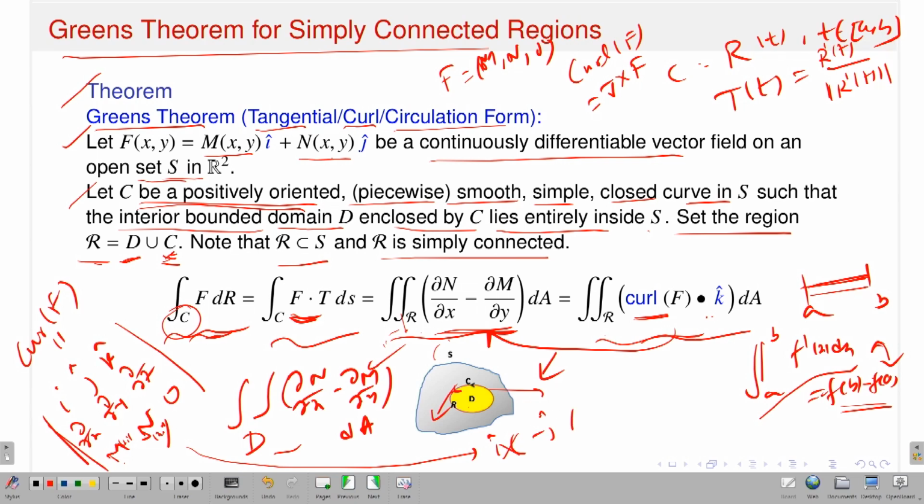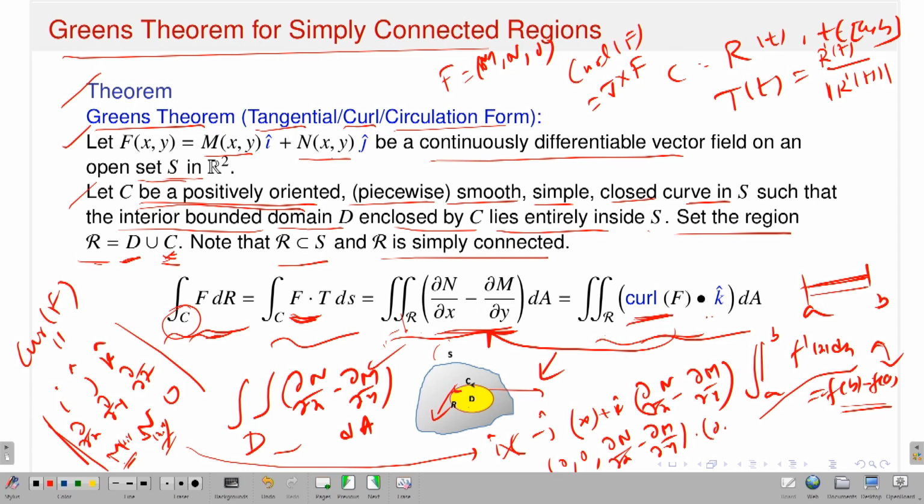Minus j cap times, this is 0 again because it is a function of x and y variables. So only k cap will survive. What is k cap? It is del N del x minus del M del y. So what is my vector? I will have the vector 0 comma 0 comma del N del x minus del M del y. That's my curl of F.